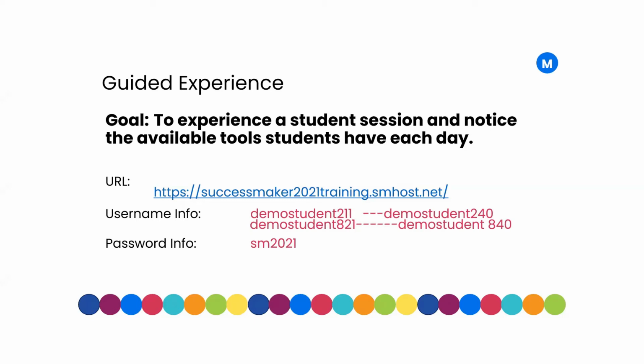I just wanted you to see that it's demo. Remember, it's demo student and the numbers that she gave you, all lowercase, all together. And then the password is SM 2021, again, lowercase, all together. And then what you want to see when you open it up, it gives you the grade level.